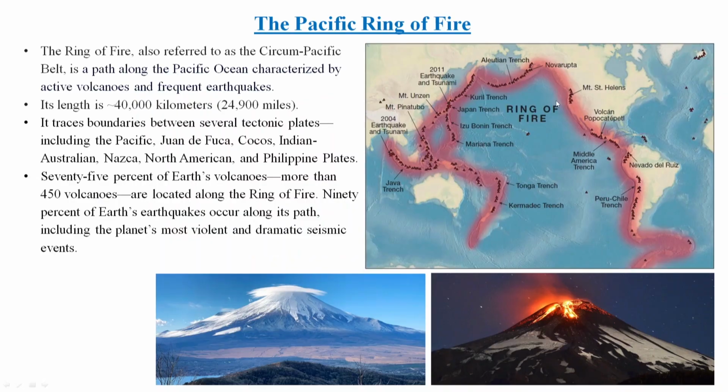So to start with, we have known for ages, even before the conception of the plate tectonic theory, people have recorded that there are several volcanic mountains or volcanic islands present almost circumferencing the Pacific Ocean.